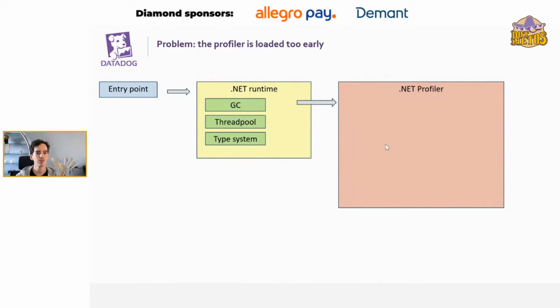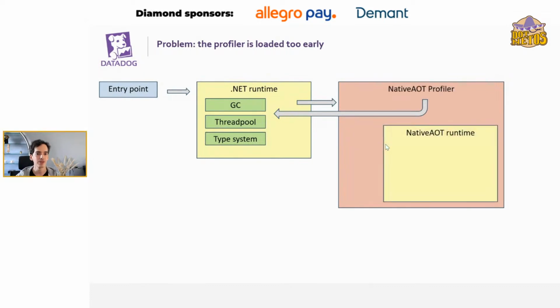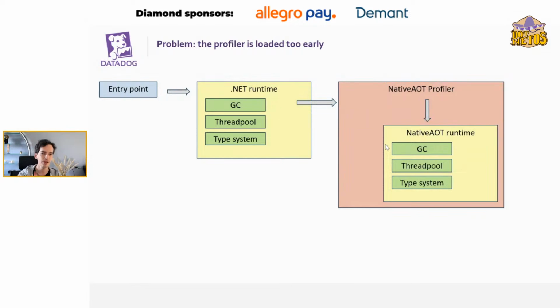But if we write the profiler in .NET, we will have a problem because to execute, the .NET profiler is going to need the runtime, which is still initializing, and so that's not going to work. But if we switch the profiler to NativeAOT, because it's standalone, it's going to have its own runtime, which has its own GC, thread pool, type system, and so on. And so it can rely on its own runtime and not call the runtime of the host. And so this is not a problem anymore.